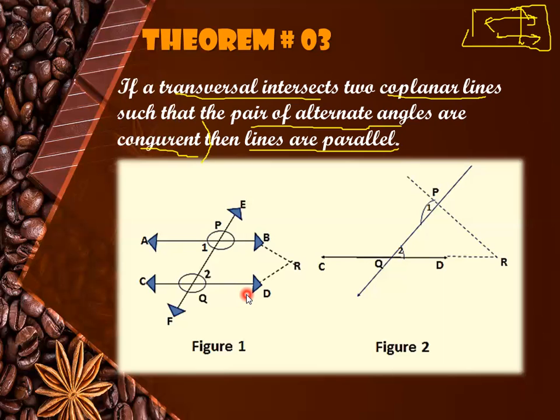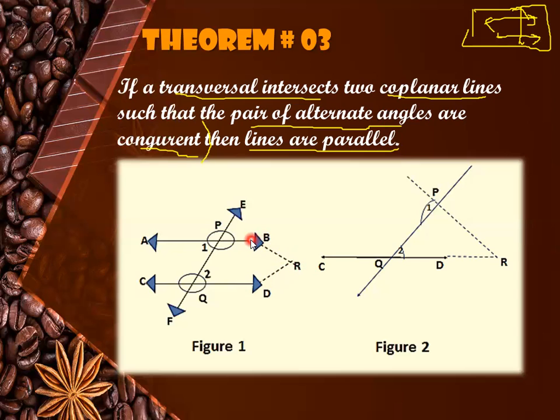For this we are going to make an assumption. Our assumption is that AB is not parallel to CD. Now for this, you will extend line CD and AB towards this side.